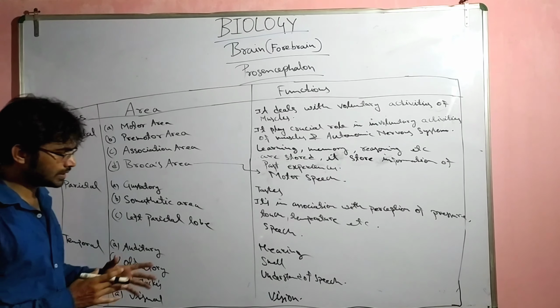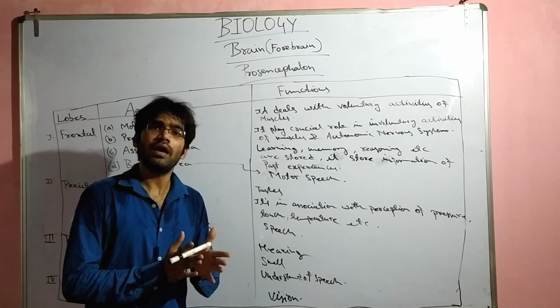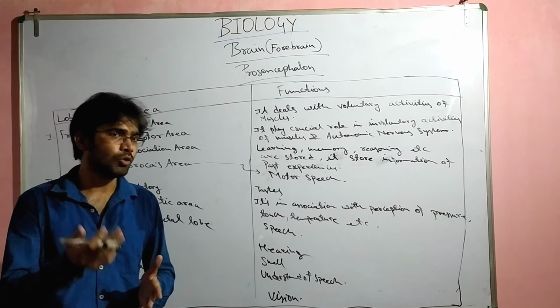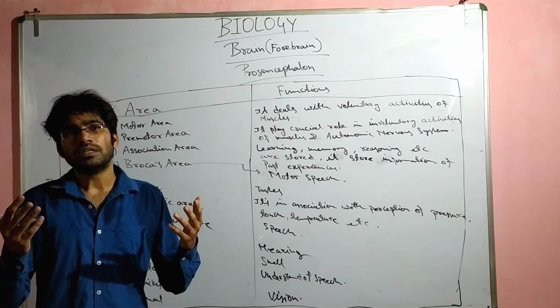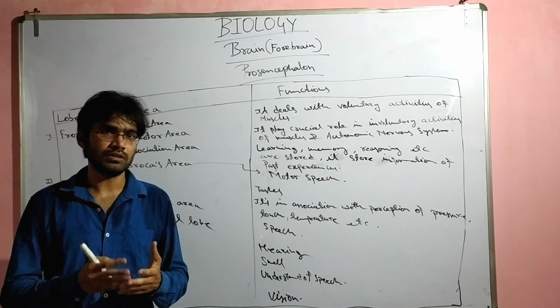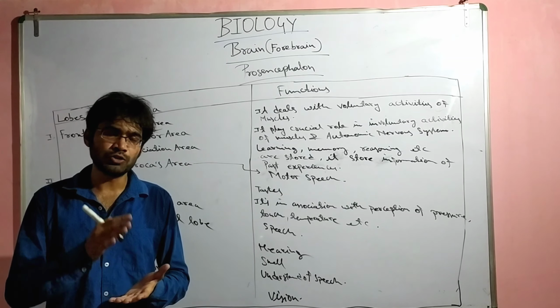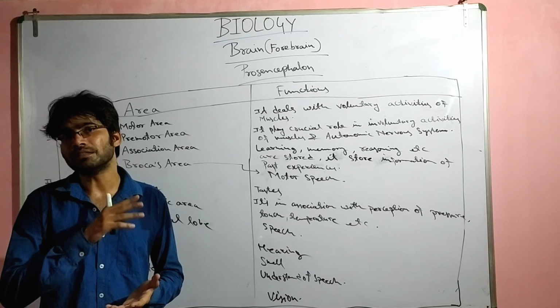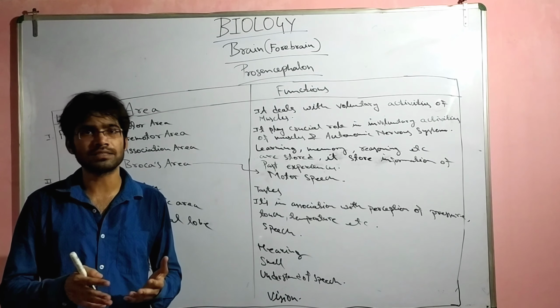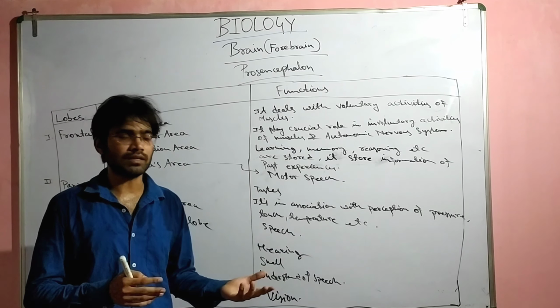The hippocampus plays a very crucial role in behavior, emotions, sexual arousal, and memory. The main important thing is memory. What your brain likes, it will store first, and what your brain dislikes, it will eliminate instantly.